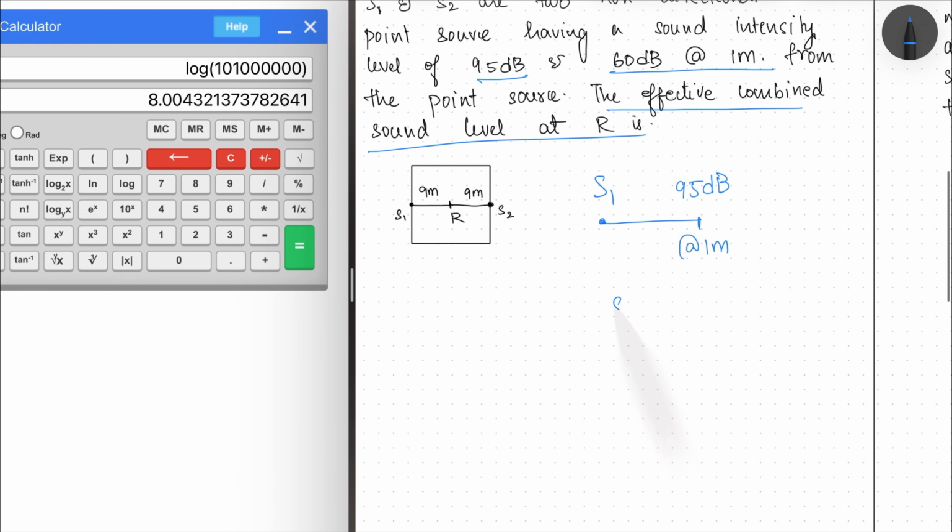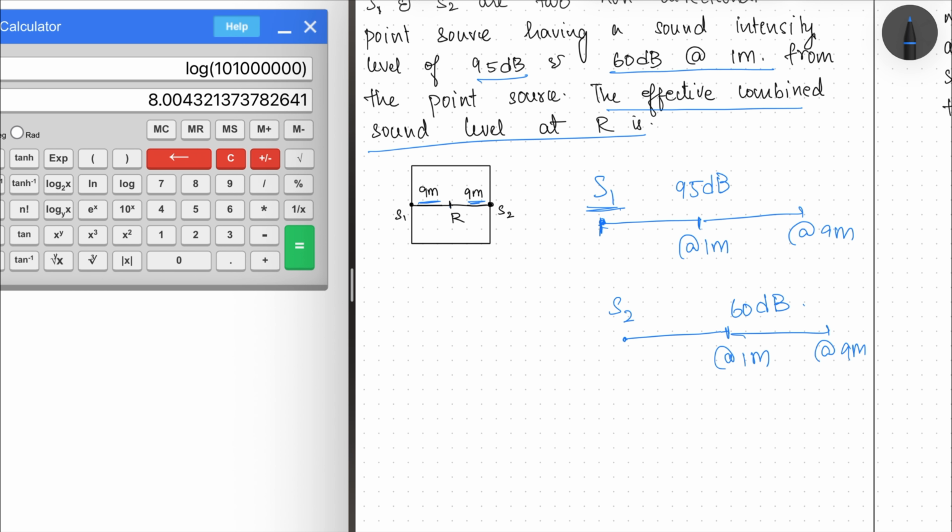And you have S2, which at 1 meter distance produces 60 decibel, and they are asking you to find the total of the sound level that is produced by the sound source S1 at 9 meter and S2 at 9 meter, like it's given in the diagram.